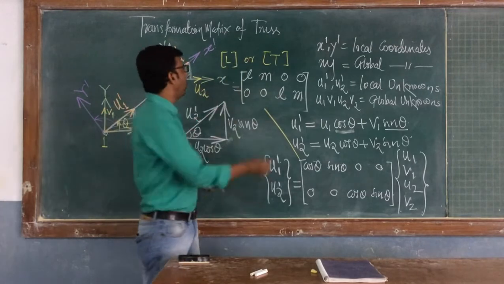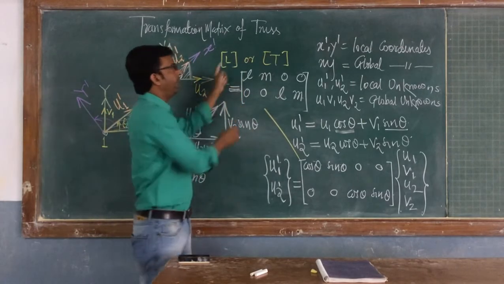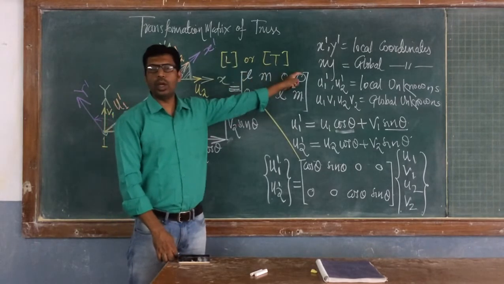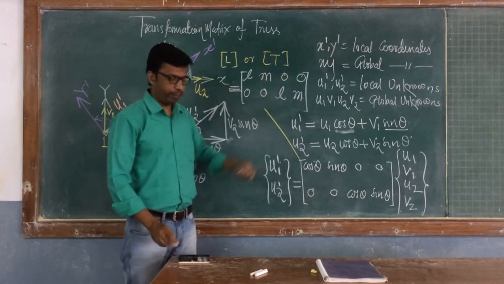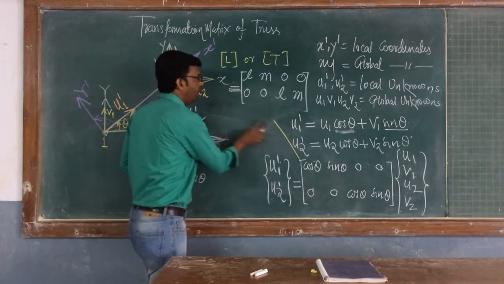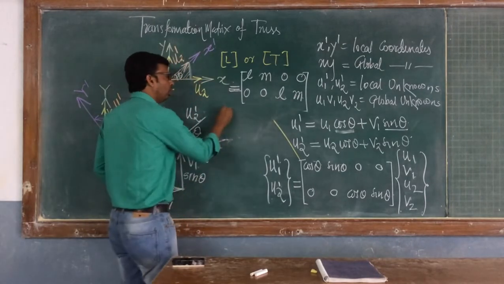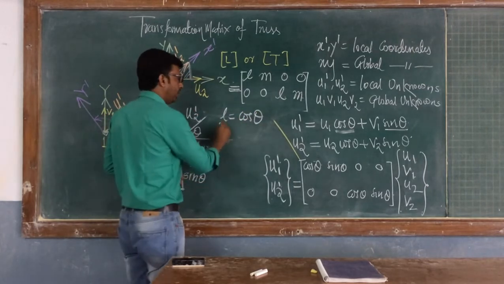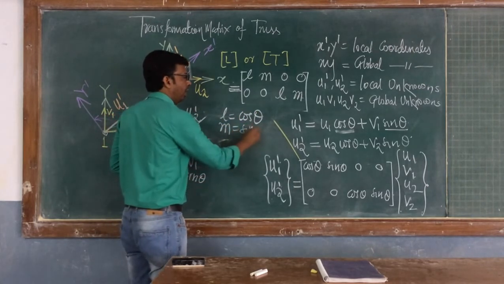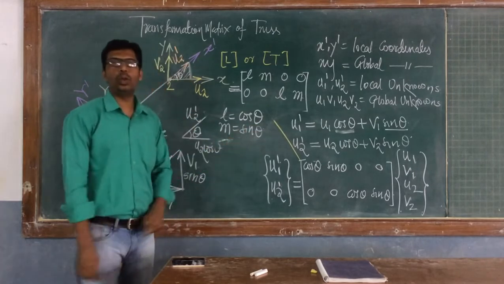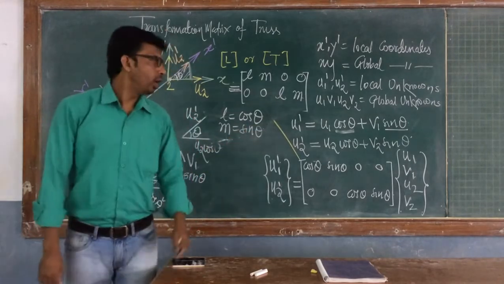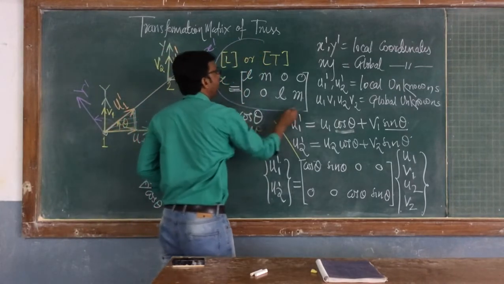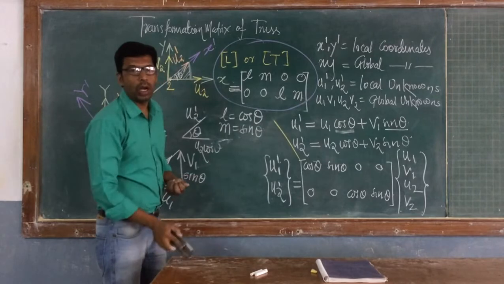L or T matrix equal to l, m, 0, 0; 0, 0, l, m, where l is equal to cos theta and m is equal to sin theta. Okay. So this is called the final transformation matrix.